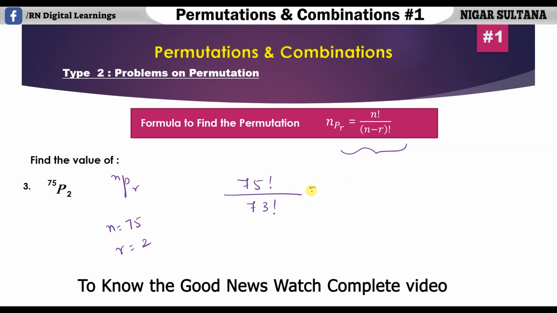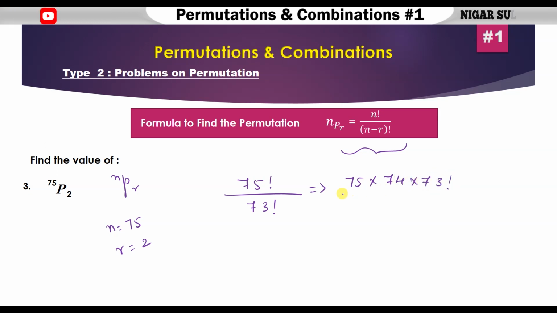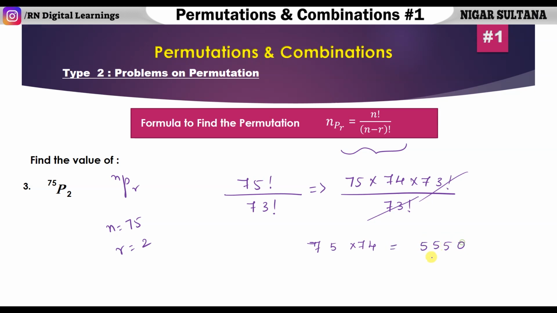Now this can be written as 75 into 74 into 73 factorial, because directly we can cancel the 73 factorial. Now the leftover numbers are 75 into 74. That gives the value 5550. You can calculate these values. You will get the answer as 5550. 75P2 is equal to 5550.